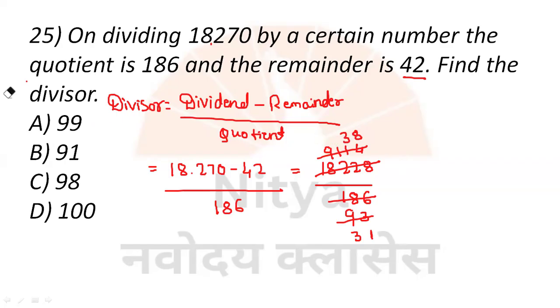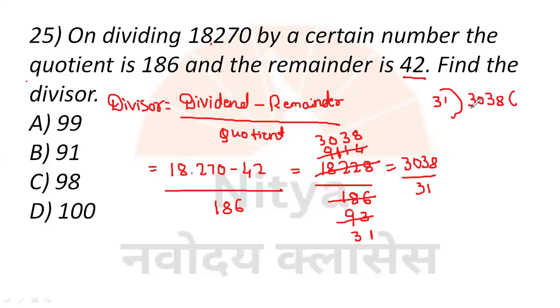So you have to take a 0 here. So 3038 divided by 31. So you have to divide 3038 by 31.